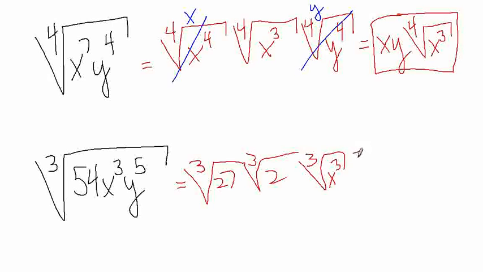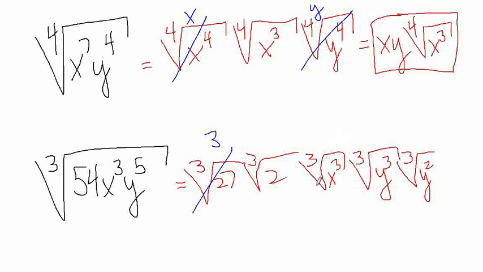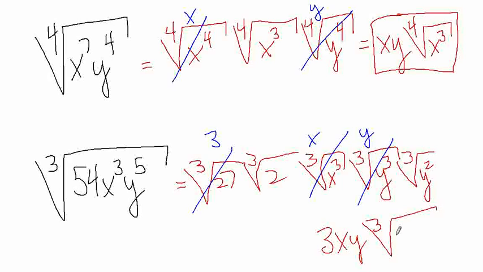But y to the 5th, let's make that the cube root of y cubed times the cube root of y squared. All right, now we can simplify the cube root of 27, that's 3. The cube root of x cubed, that's x. The cube root of y cubed, that's y. So we get 3xy times the cube root of 2y squared.